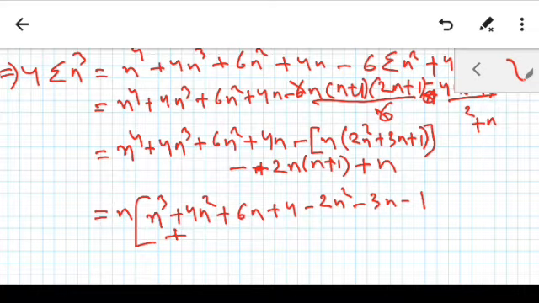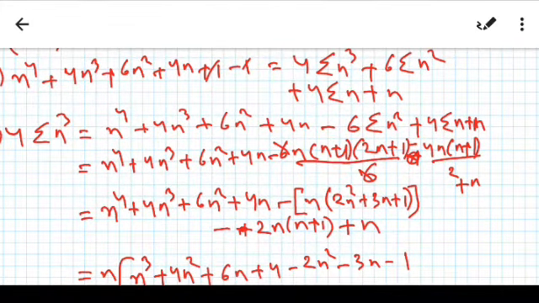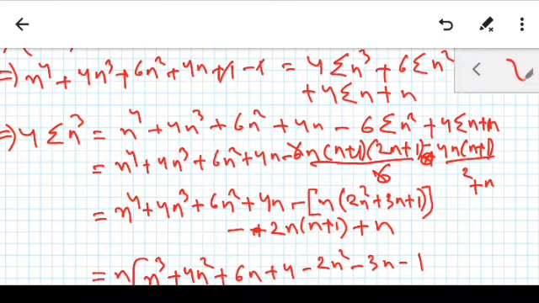Okay, so now minus 2n square minus 3n minus 1 minus n. Now if I go on like this, here there is another mistake also. Plus n should be replaced by minus n. Here plus n, here I repeat, this one will be minus, and this will be also minus n.